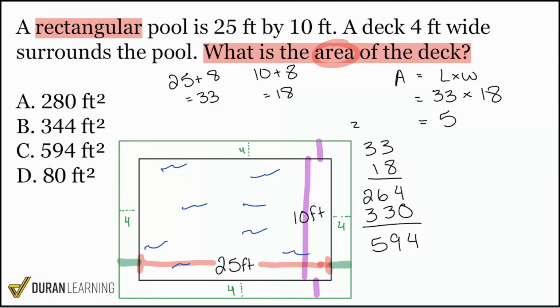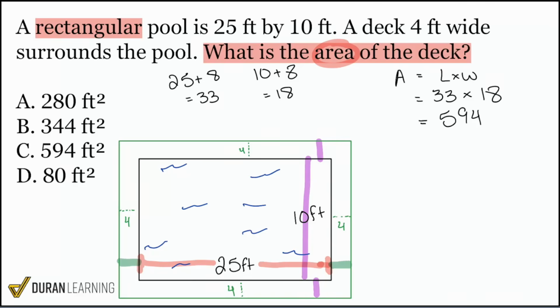So that's 594. Everybody, even if the calculation was a little quick for you, do you agree with how we got that area? We had to add 8 on both the length and the width to get that big area. That's really the biggest part of success here for that first part.